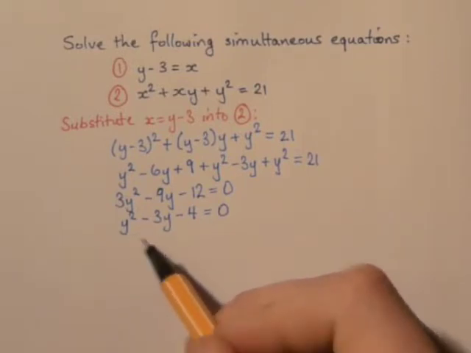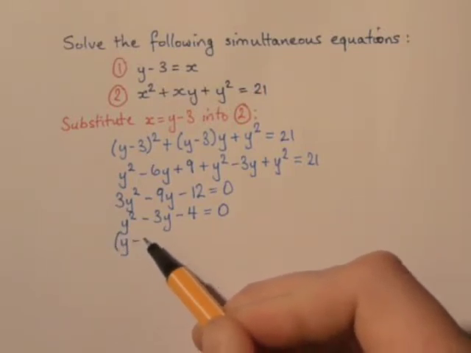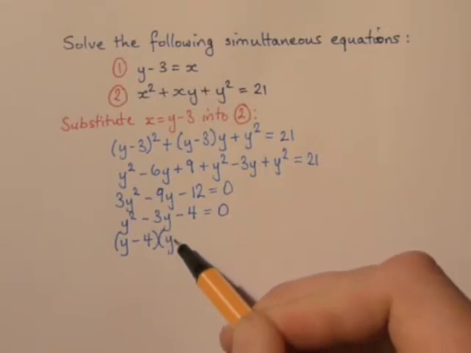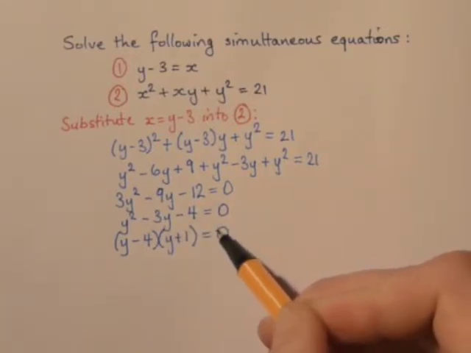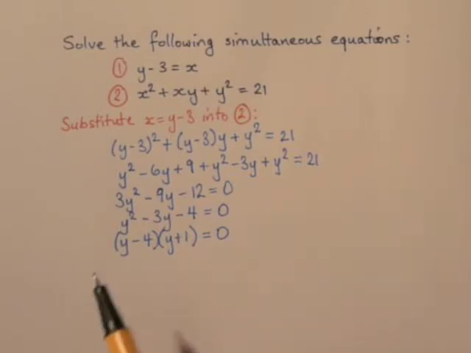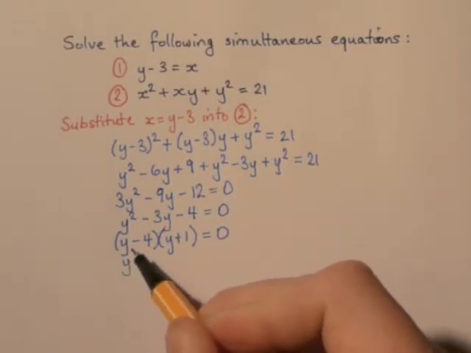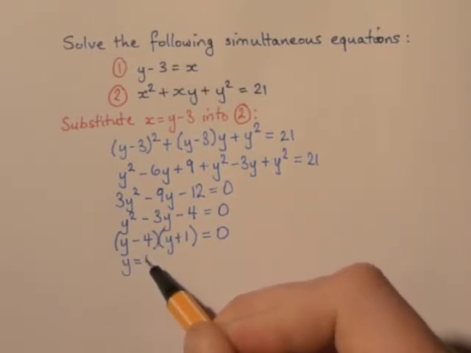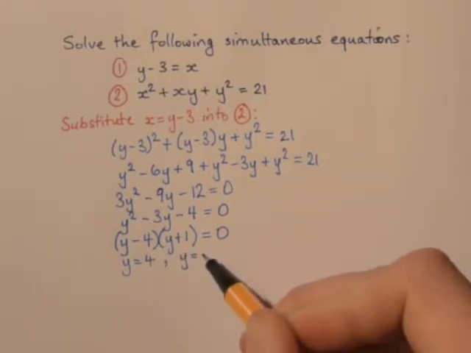Staring at this a bit, we can factorise it as y minus 4 times y plus 1 equals 0. And so the two values of y which satisfy this equation are when y is 4 and when y is minus 1.